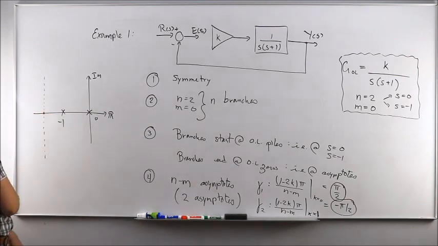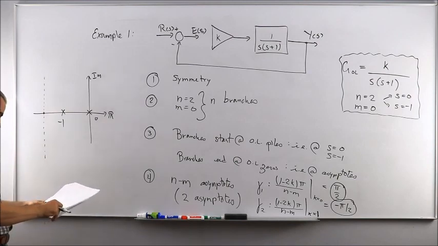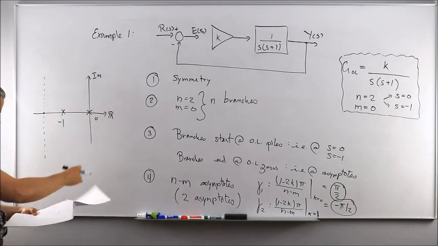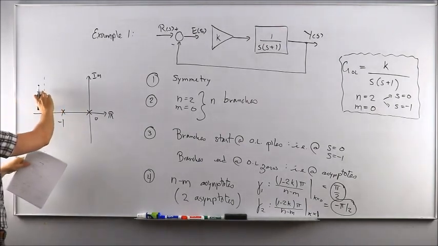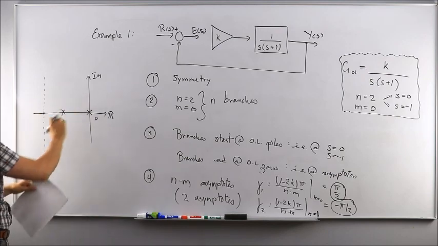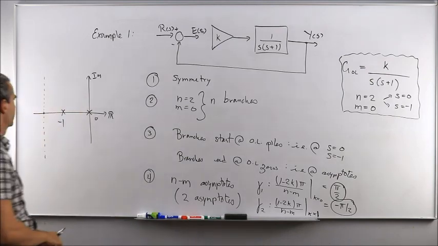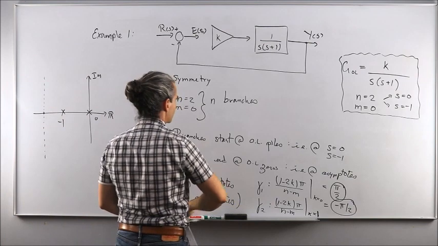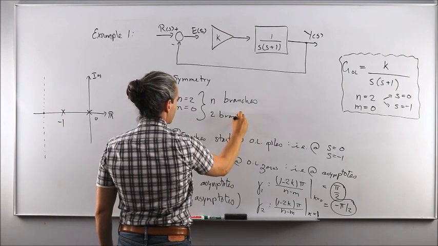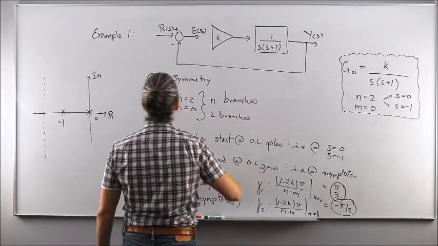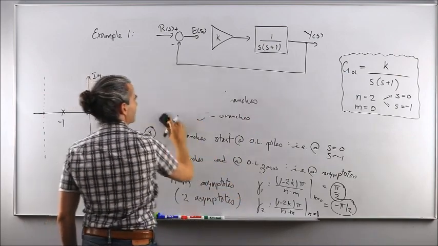And then in the next step, we'll calculate our sigma, which will be the intersection of our asymptotes with the real axis, so that we can place them both exactly where they are. Okay? So here, n branches or 2 branches. All right. Step 5.